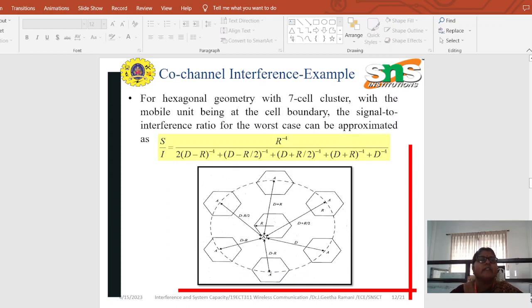This is another example of co-channel interference where we consider the hexagonal geometry with a 7 cell cluster with the mobile unit at the cell boundary. We consider that our mobile is at the boundary of the cell, and based on this we calculate the SI ratio for the worst case, and it will be approximated as given in this figure.